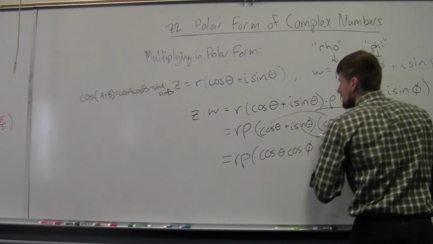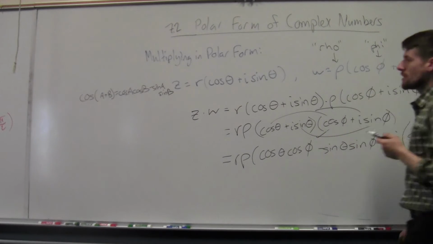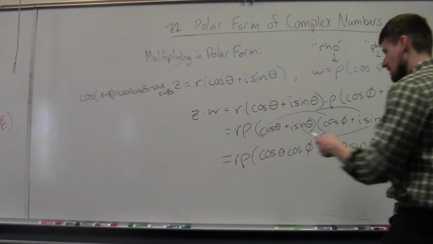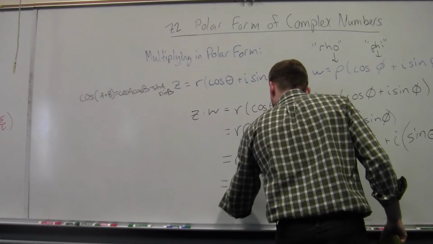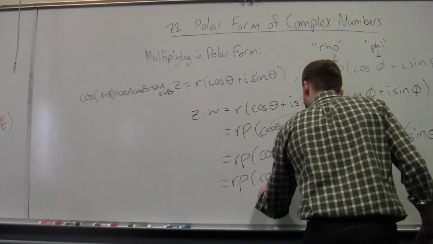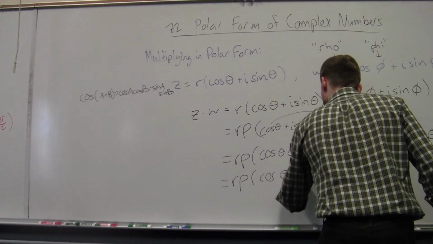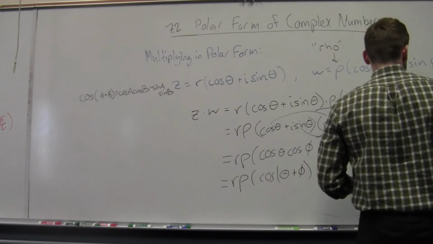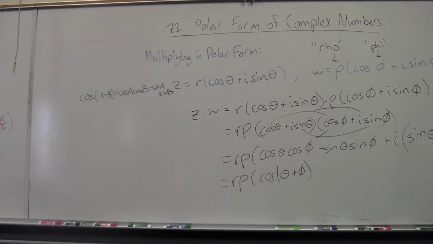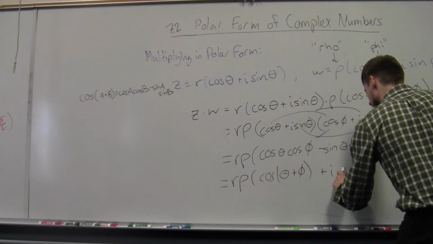It's just that A is theta and B is phi. So this is an angle sum. We've got our rho cosine of the sum of the angles. And this one over here, sine cosine plus cosine sine, is the sine of an angle sum.